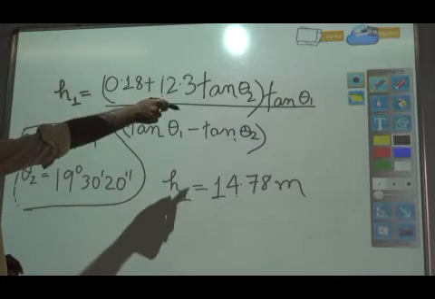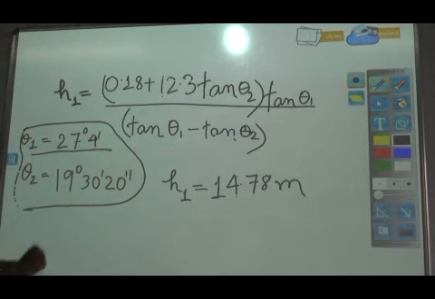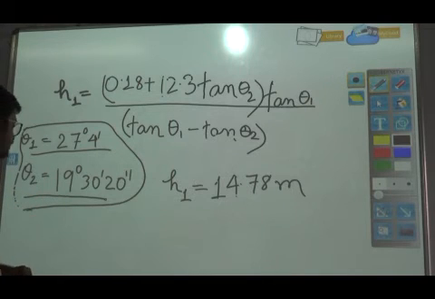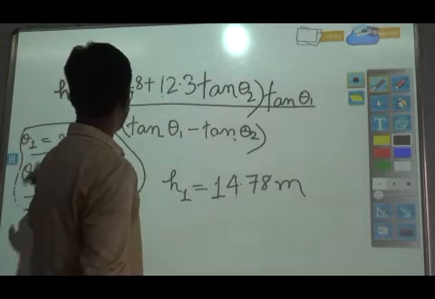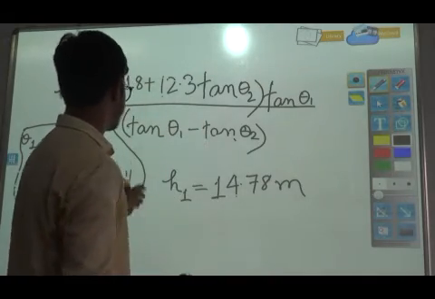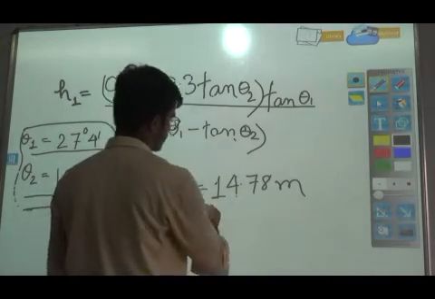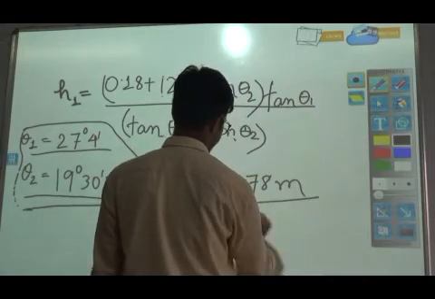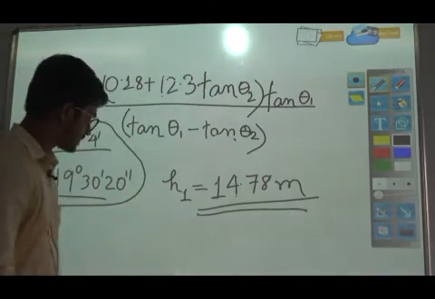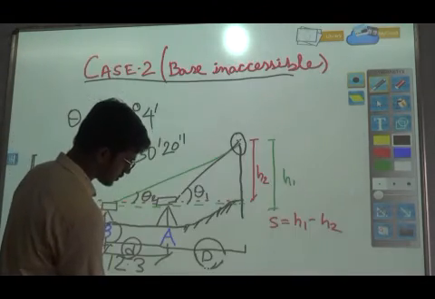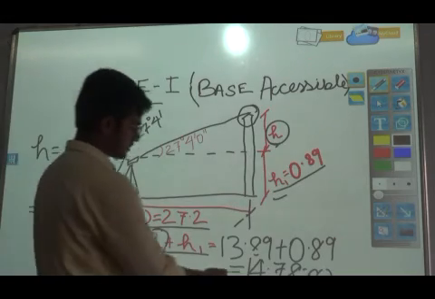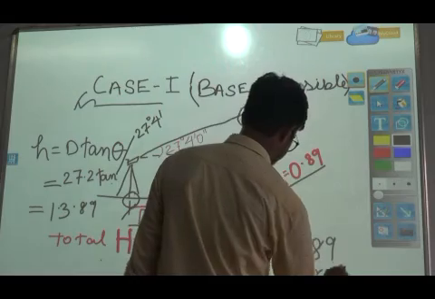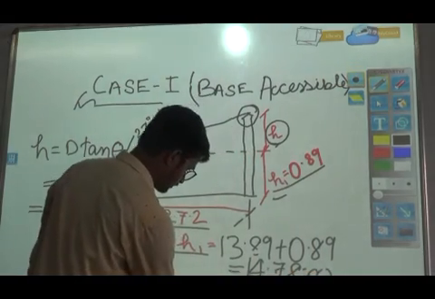Here theta 1 will be equal to 27 degrees 4 minutes as mentioned earlier, and theta 2 will be equal to 19 degrees 30 minutes 20 seconds. After putting the values of tan theta 1 and tan theta 2 and simplifying the equation, we get h1 equal to 14.78. You can see that in case 1 we got the value of 14.78, and in this case also we have got the value of 14.78.